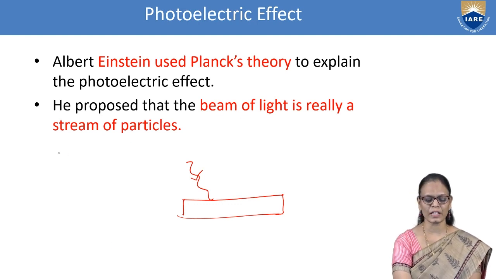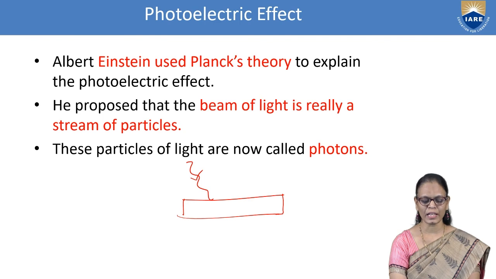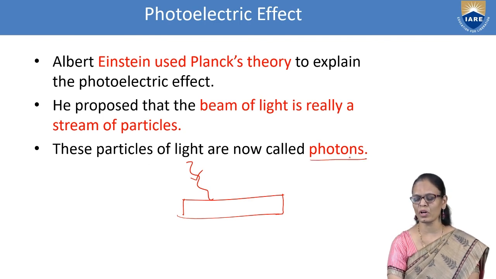So this is the concept he has used. A beam of light is actually a stream of particles, and these particles are called photons. So what is a photon? A photon is nothing but a packet of energy.